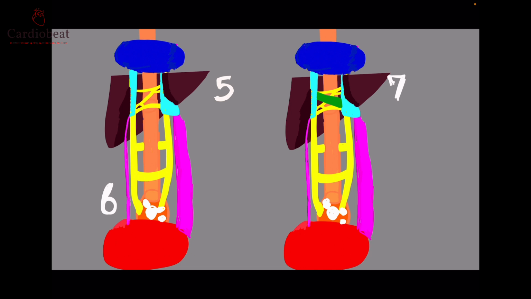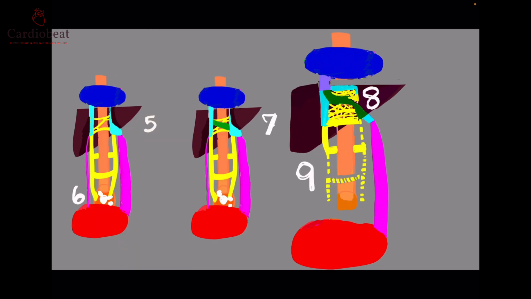So it starts forming an anastomotic channel between the portion that is just below or distal to the regressed left hepatocardiac vein and the right hepatocardiac vein. This is called the ductus venosus.